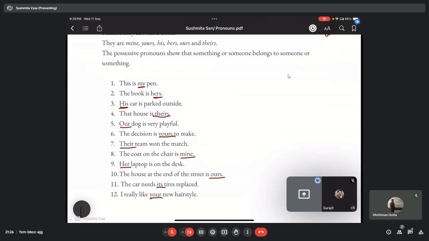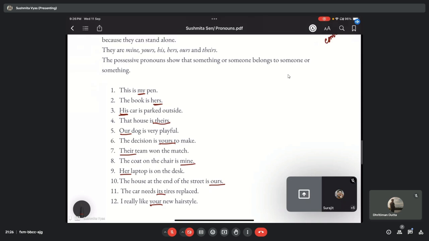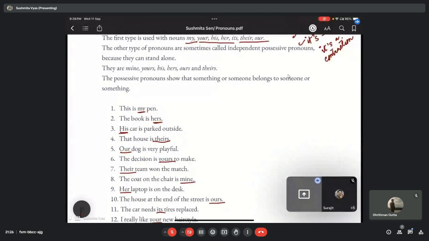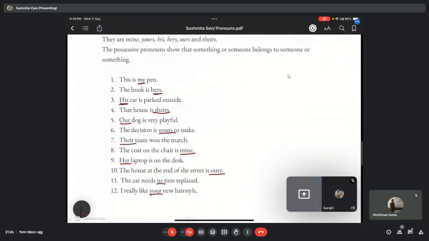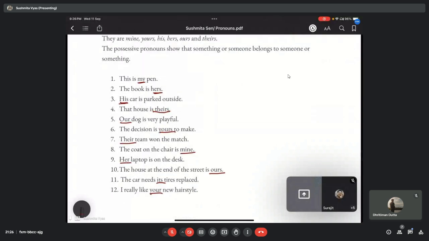Okay. So all the words that are underlined, these are all possessive case pronouns. Is it clear, guys?